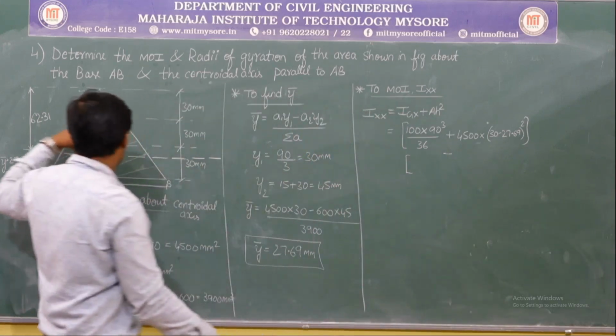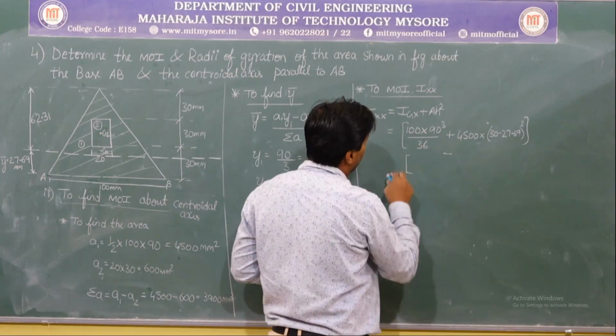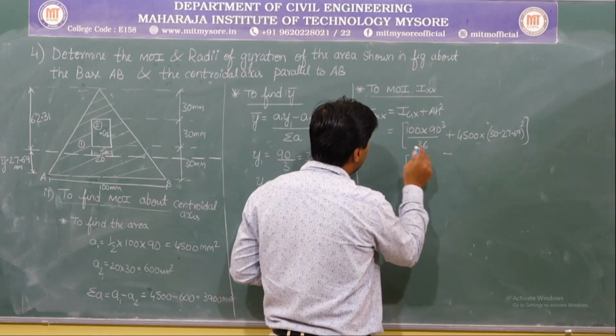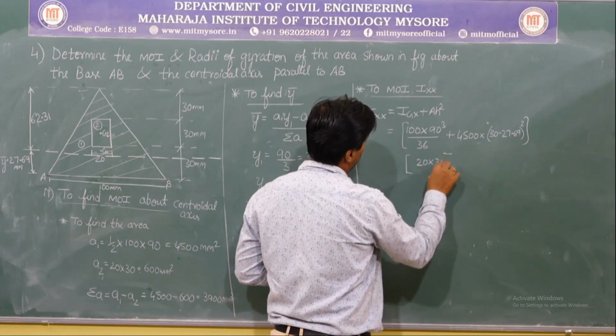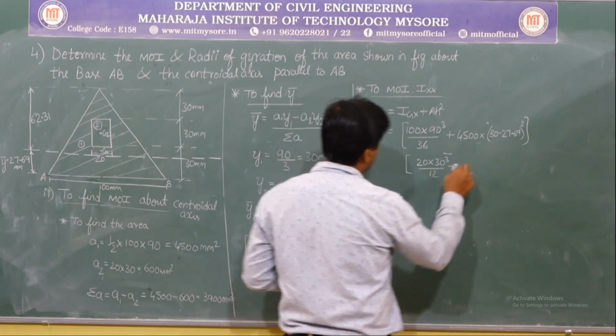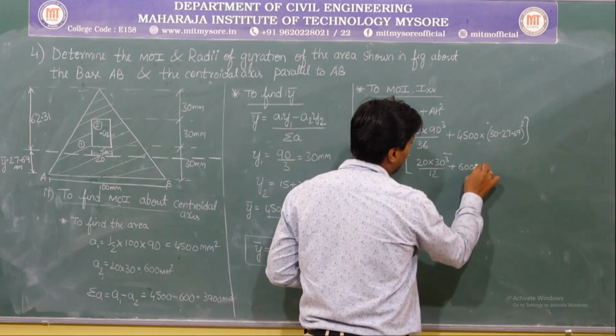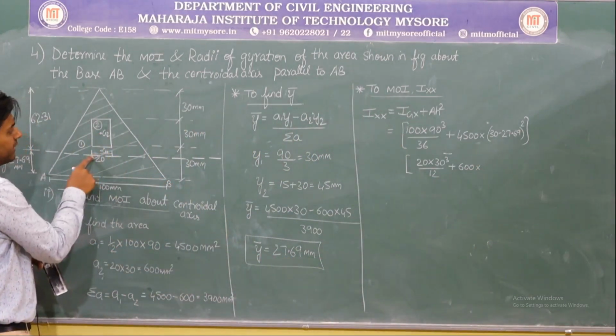The second one is a rectangle. About the xx axis it is b d cube by 12. So b is 20 into d cube, 30 cube, by 12, plus area 600, into the distance from the centroid of the concerned diagram to the reference axis.